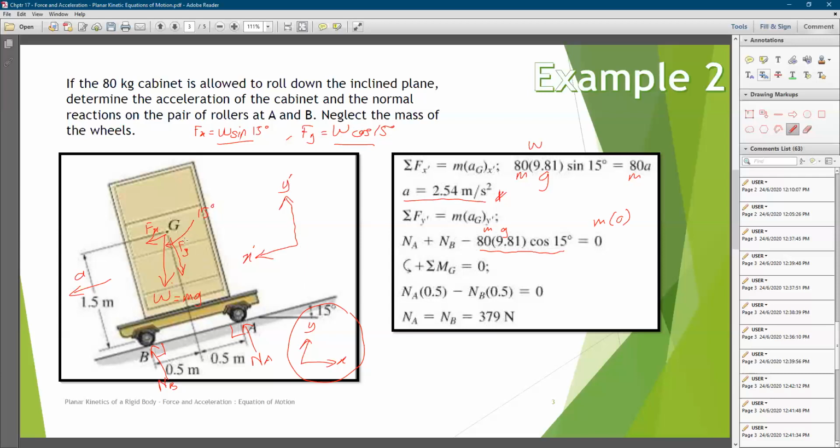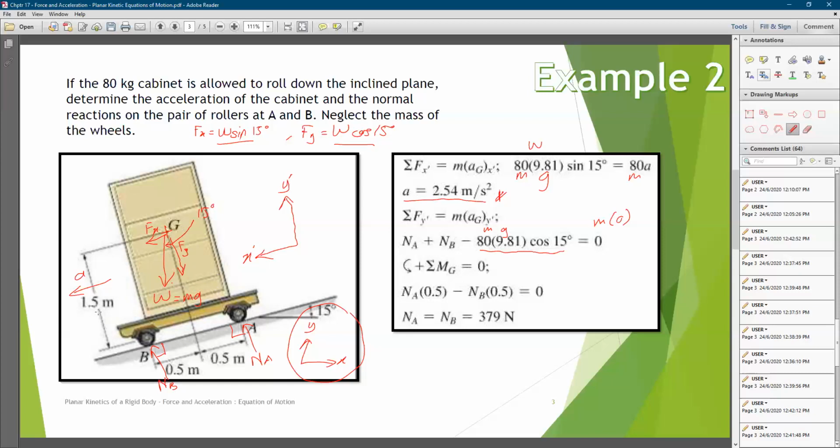We know that this is point G, the center of mass, and we want to calculate the moment about this particular point. As we know, this cabinet together with the trolley on this incline is not going to have any rotation.